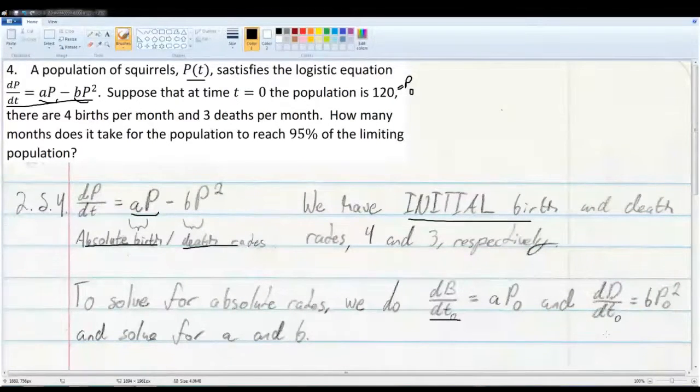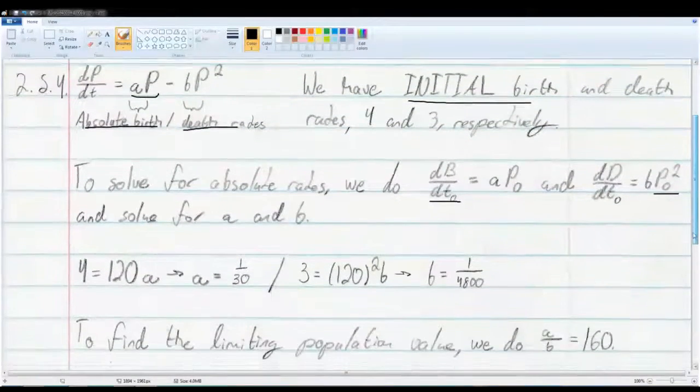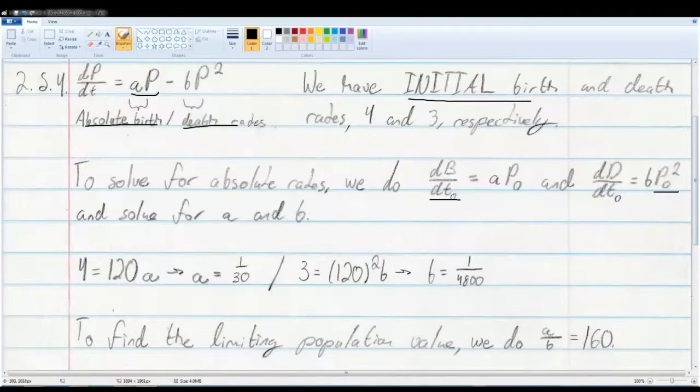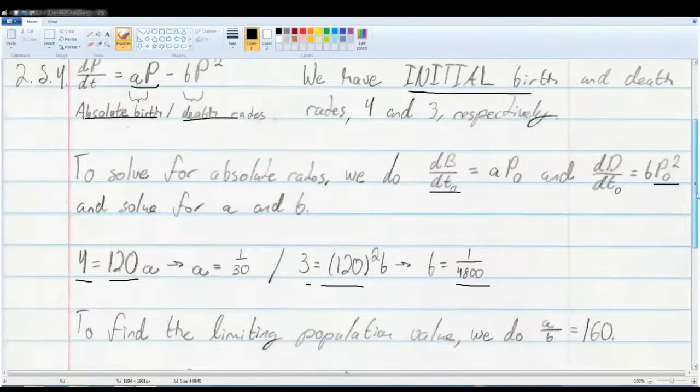And we take the death rate, which equals B times the initial population squared. So we have an initial population of 120 squirrels and an initial birth rate of 4. We solve for A and we get 1 over 30. Doing the same for B with 3, we get 1 over 4,800.